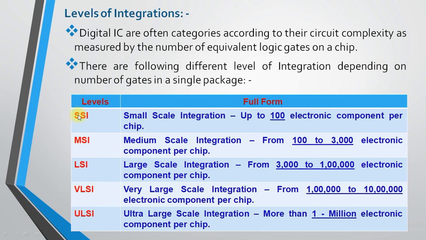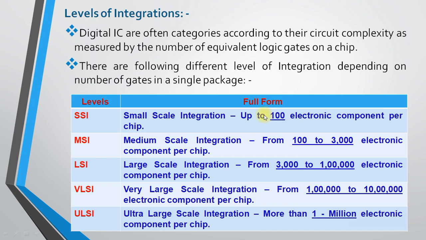Say for example, the first level is called SSI. The full form of SSI is small scale integration. Small scale integration means what? When there is a requirement to integrate electronic components up to 100 in a single chip.